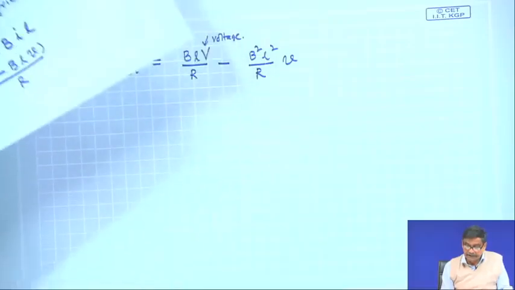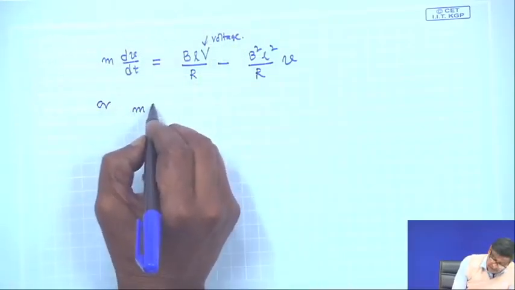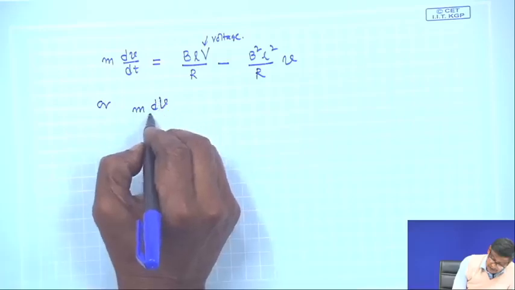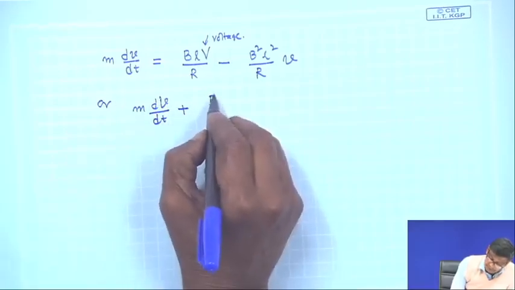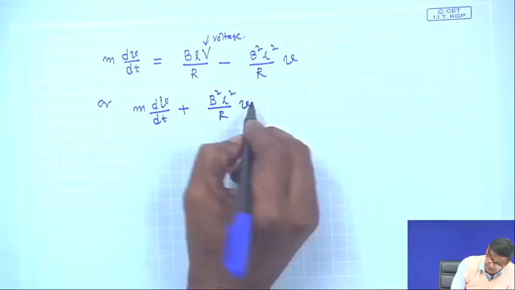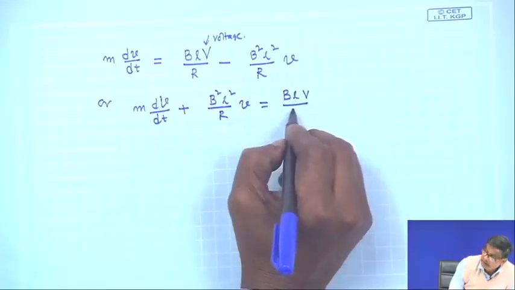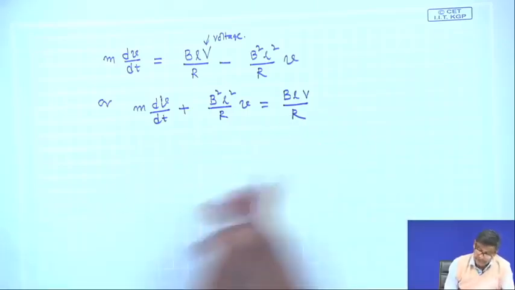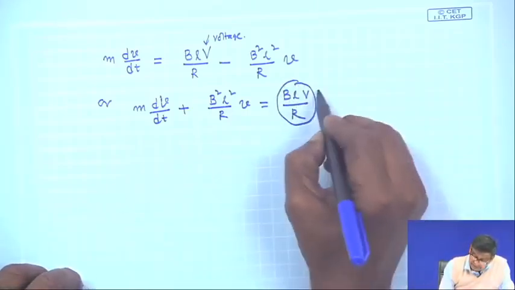This capital V is the voltage, mind you. Or you will get m dv/dt plus B square L square by R into v is equal to BLV by R. This right hand side is constant.